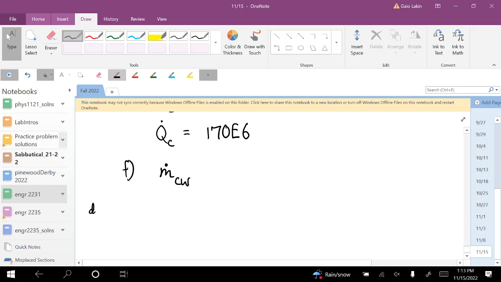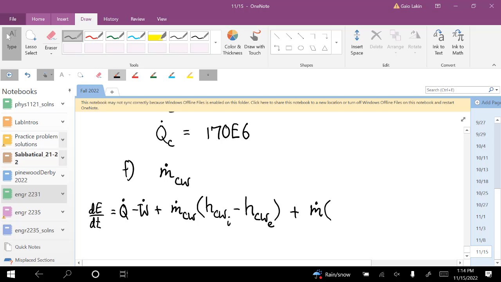So we have dE dt equal to Q dot minus W dot plus the rate of mass flow of the cooling water times, canceling everything except the enthalpies, so I'm just going to skip ahead, H for the cooling water at the inlet minus H for the cooling water at the exit, plus M dot for the working fluid times the quantity H2 minus H3, since this is for the condenser.